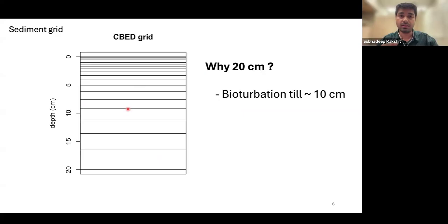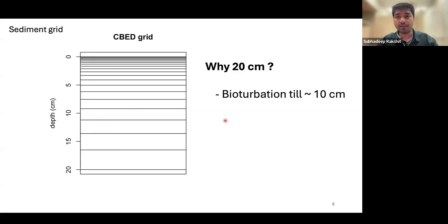So by trial and error, we came up with the 20 layers with increasing thickness, which represents the processes pretty well, and doesn't differ too much even if we increase the number of layers much higher, let's say 50 or 100. It's a nice compromise to have 20 layers here.